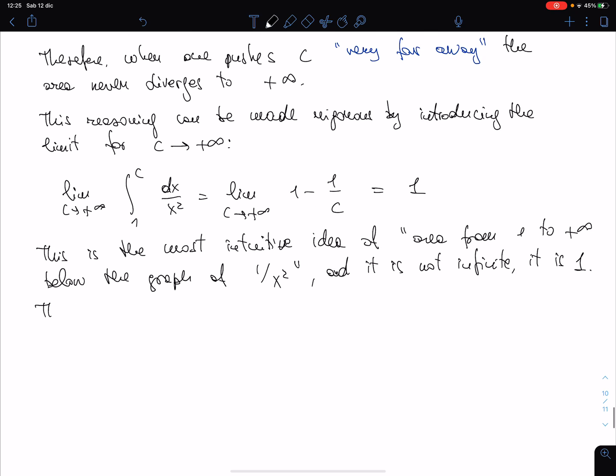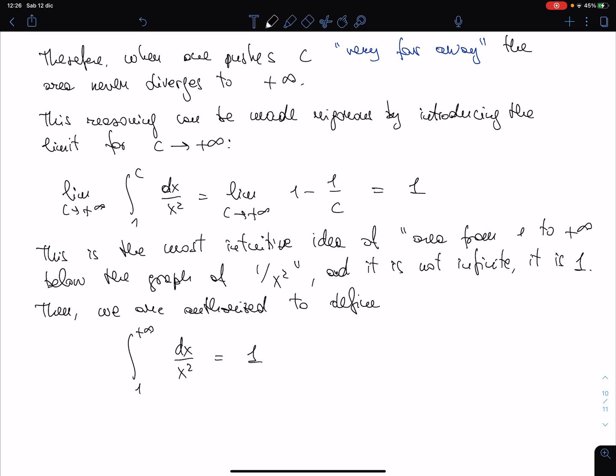Then we are authorized, morally, to define whatever we want in mathematics, but it must be useful. So we are authorized to define the improper integral from 1 to plus infinity of dx over x squared to be equal to 1. And this is the only idea we will use for improper integrals.